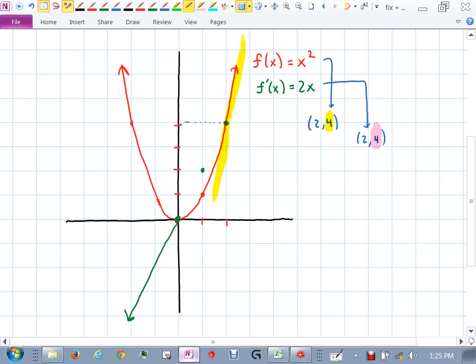That's a terrible line. But do you agree that the tangent line at this point would look something like this yellow line? And guess what the slope of this yellow line is? It's 4. This value right here is the value of the derivative at 2, which is 4, which represents the slope of the tangent line of the red curve at 2.